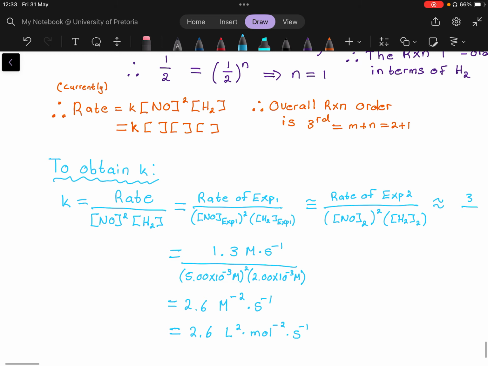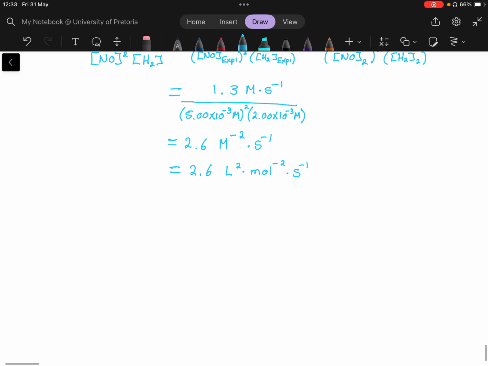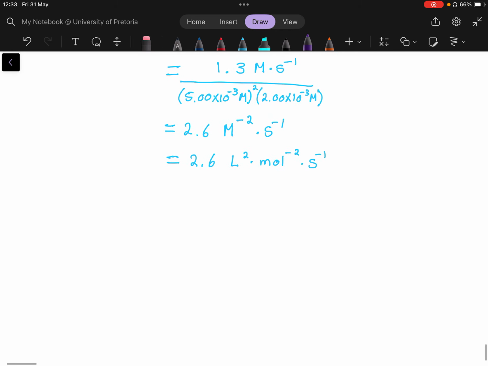You determine the rate law, and of course, if you were asked, you're not directly asked here, but if you were to write the rate equation, you would now say, therefore, the rate is equal to 2.6 M to the power minus 2 per second multiplied by NO squared H2.